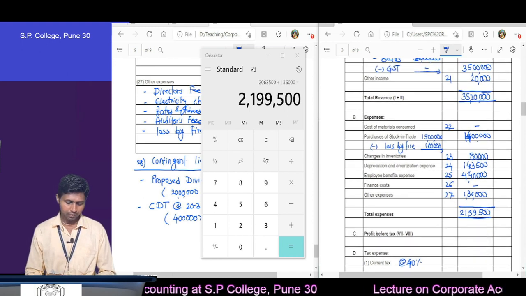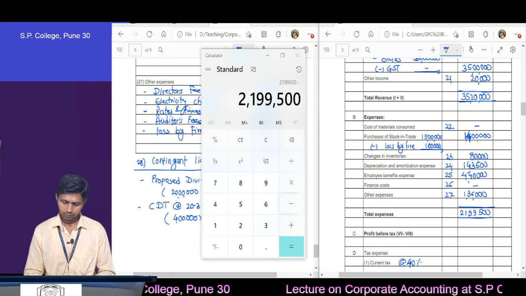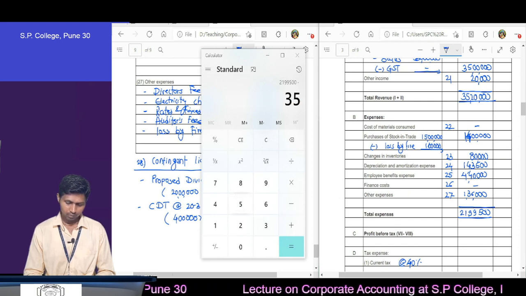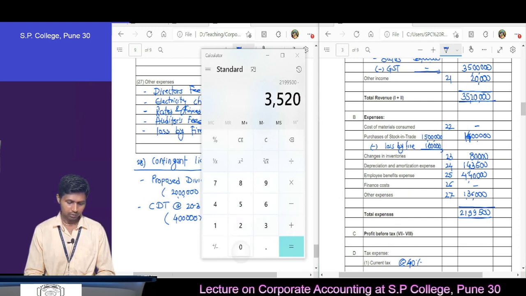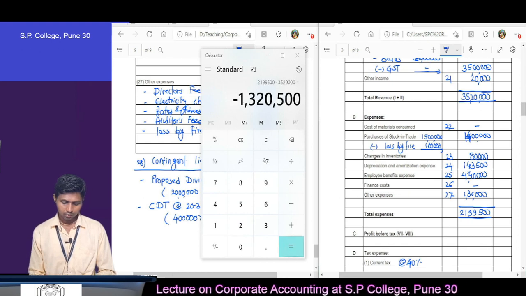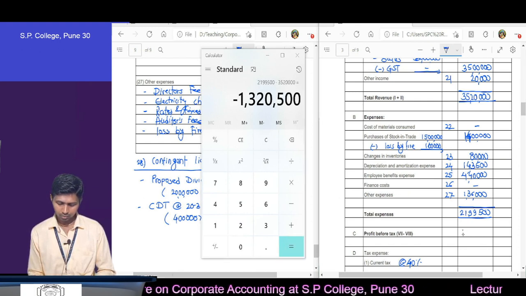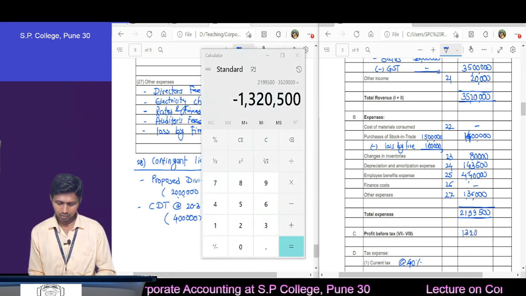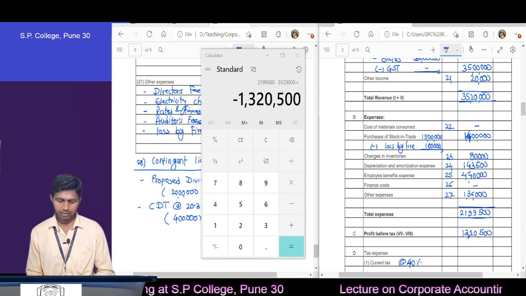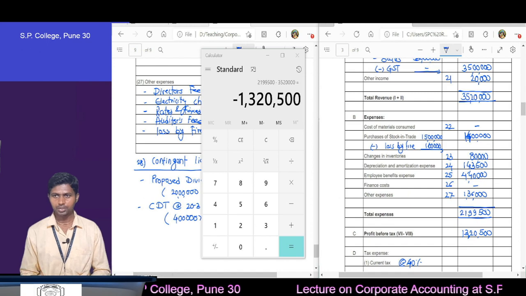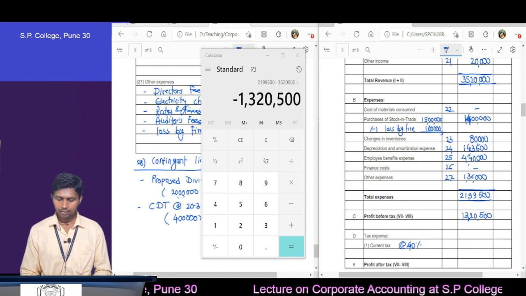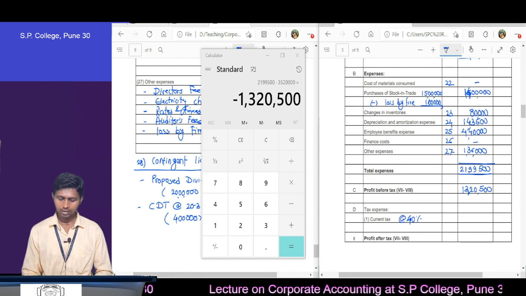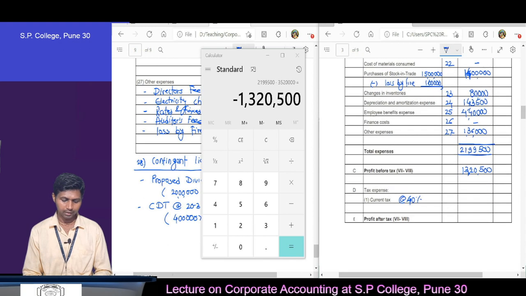And then from revenue deduct expenses. 35 lakhs 20,000, our profit is now here 13 lakhs 20,500. Is there any difficulty? Revenue minus expenses, straight away you get the profit. 35 lakhs 20,000 minus 21,99,500.